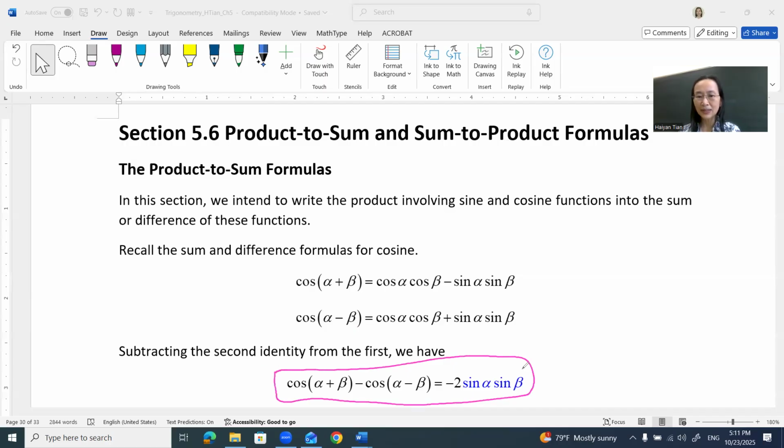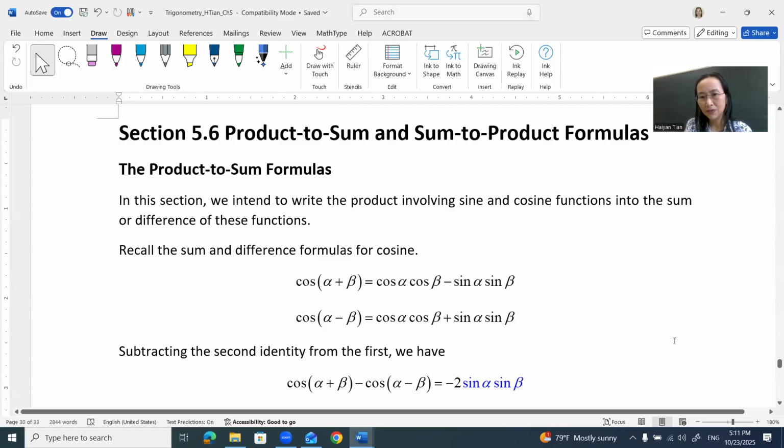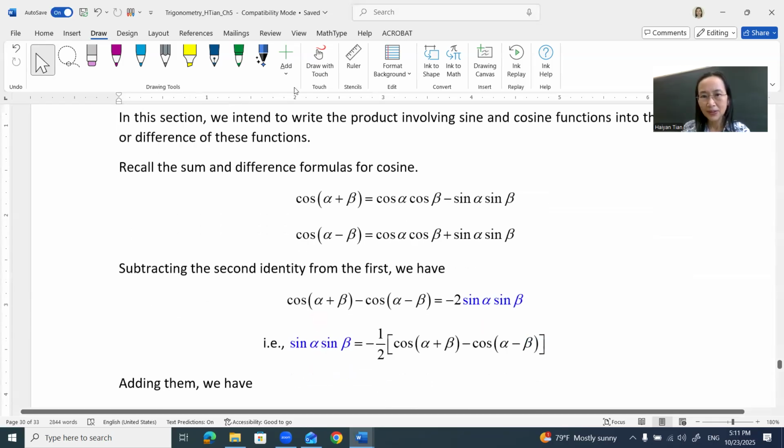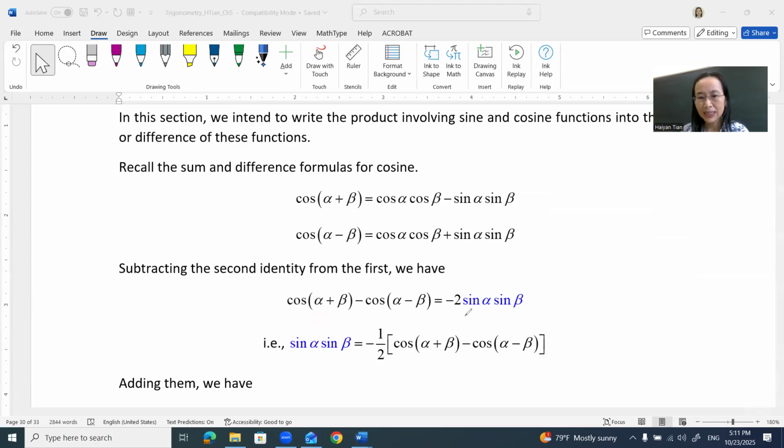This new identity can be easily derived by doing a subtraction of the above two formulas. But this identity, you see, we call it product to sum, because let's simply divide by -2 so we can leave the product on one side.